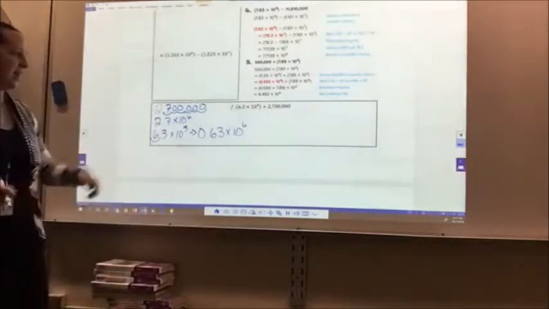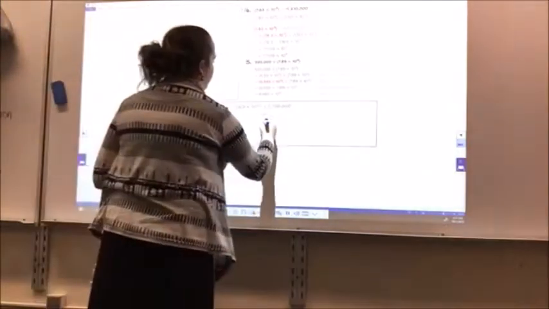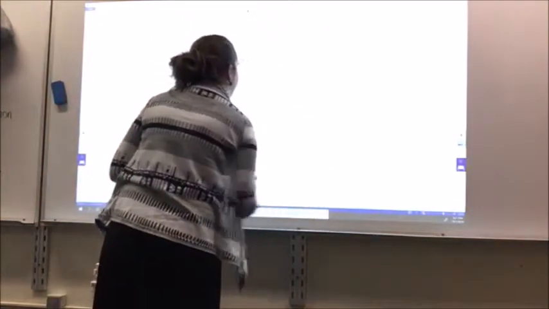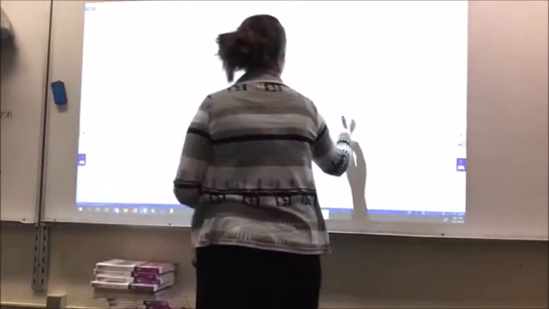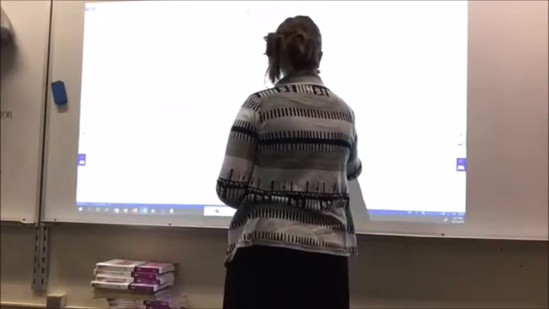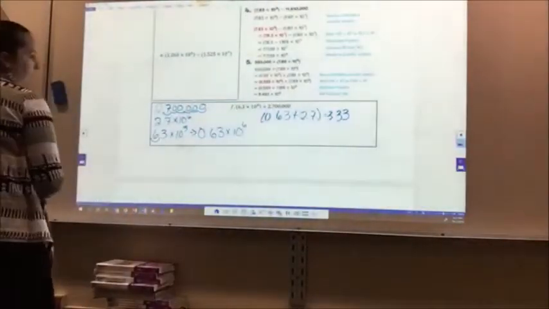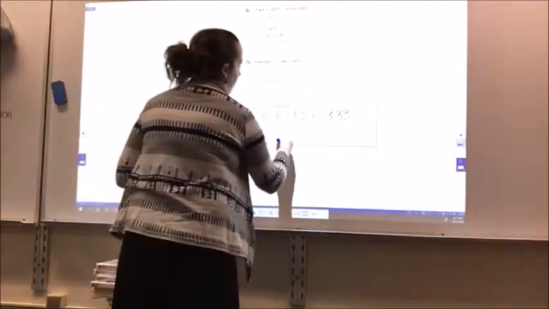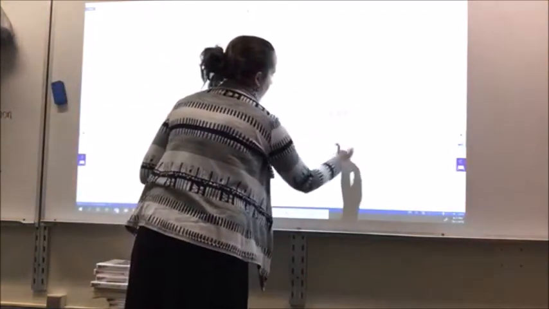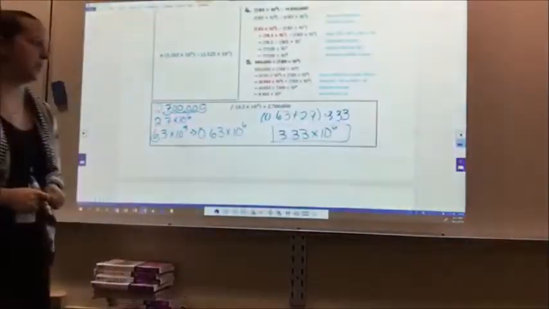Now I add my decimals together. 0.63 plus 2.7 gives me 3.33, okay? And then I just add my exponent. So I get 3.33 times 10 to the 6th.